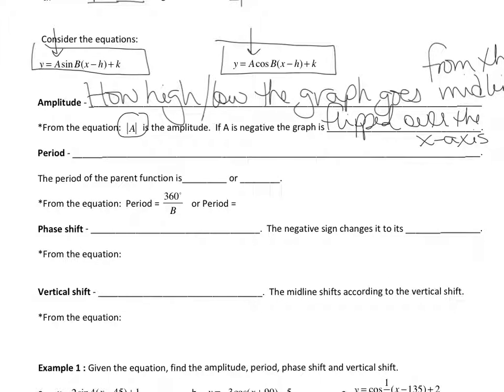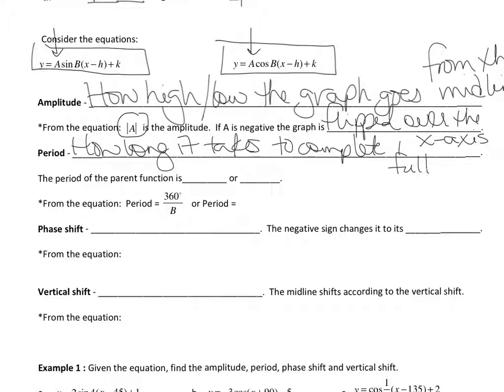The period is how long it takes for the graph to complete one full cycle. The period of the parent function was 360 degrees. Every 360 degrees, the value is repeated.